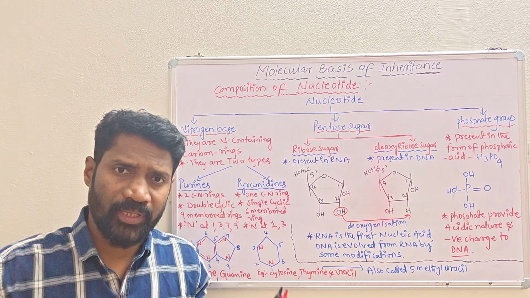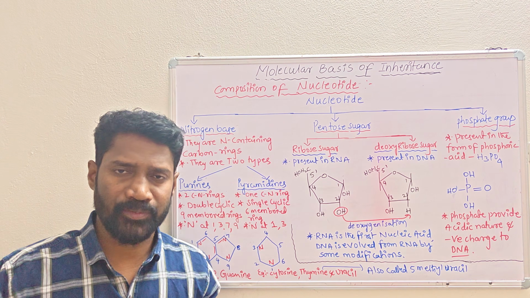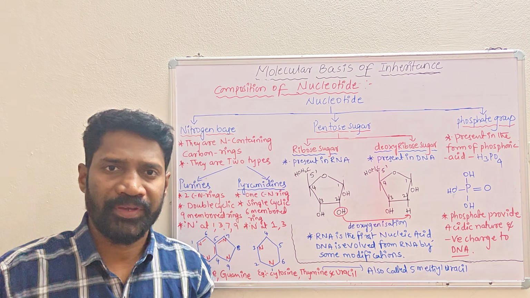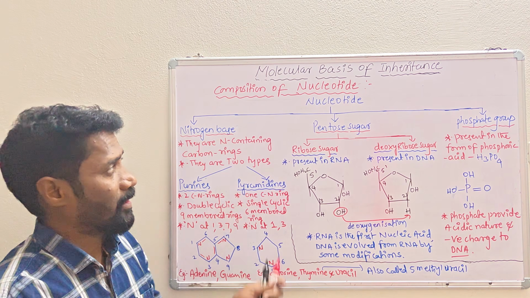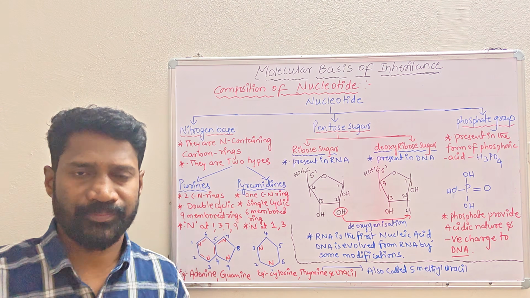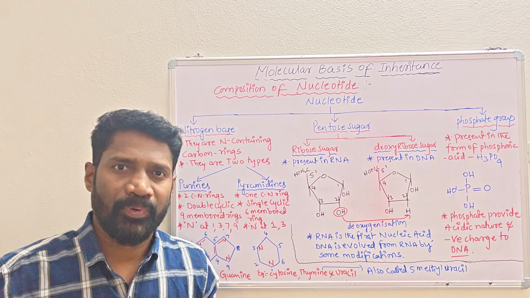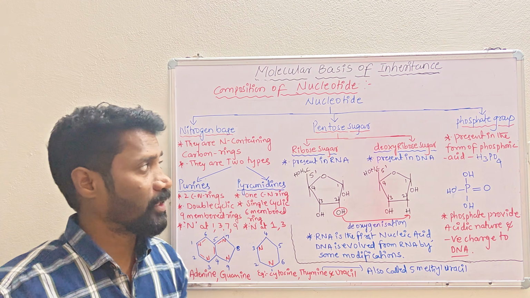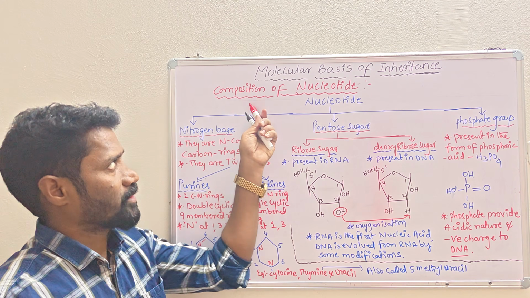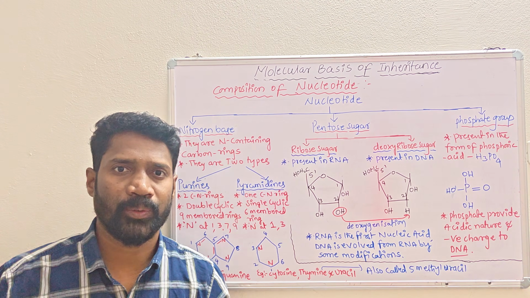The strands of DNA and the strands of RNA are made up of many nucleotides. Clear? We know this line. But what is a nucleotide made up of? That only we discuss now. Our topic is now composition of nucleotide.